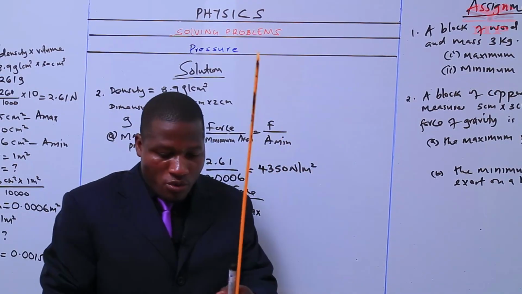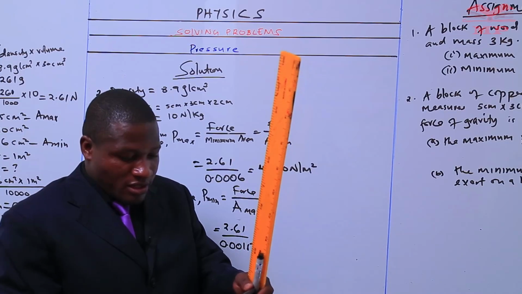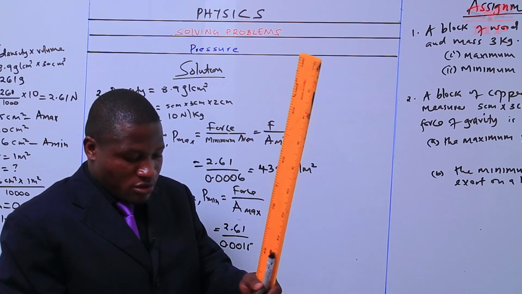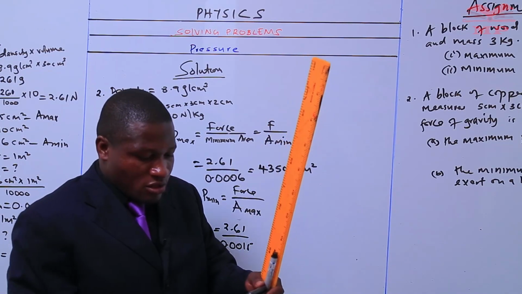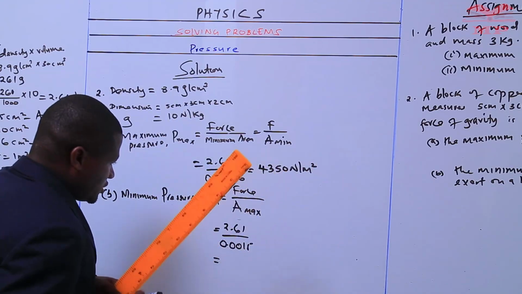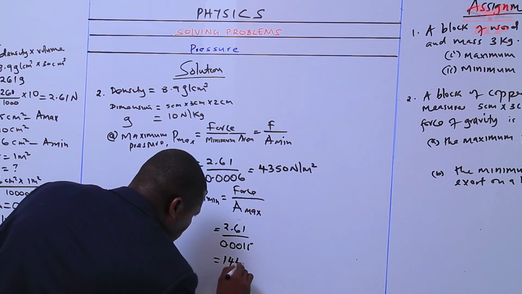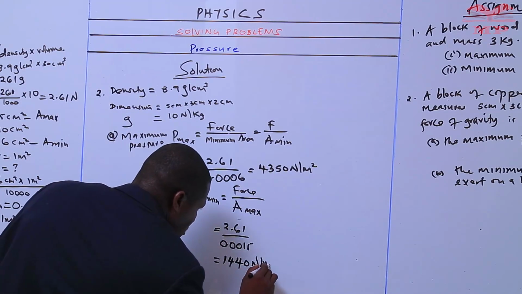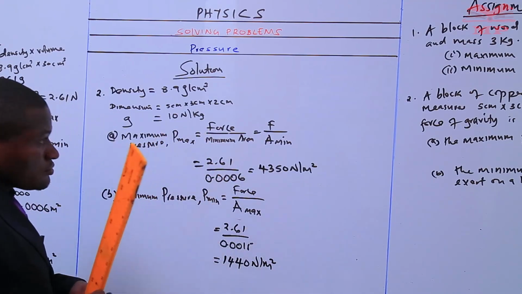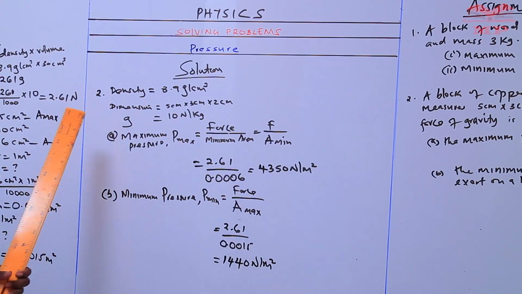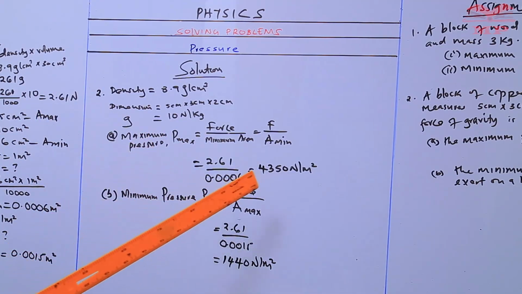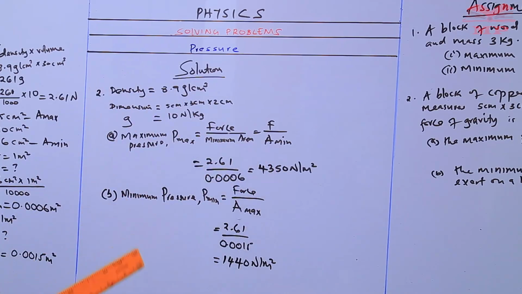So we substitute 2.61 divided by 0.0015. It gives me 1740 newton per meter squared. So this is what we are supposed to work out. This is the answer for part A, and this is the answer for part B for the assignment that I had given you.